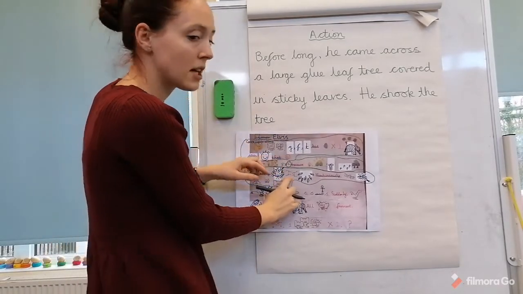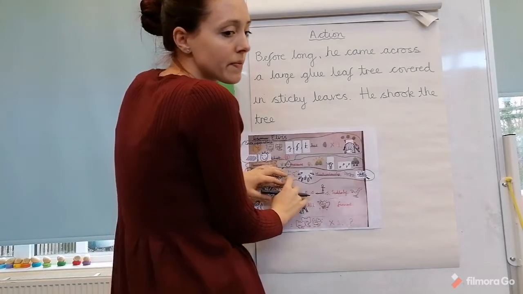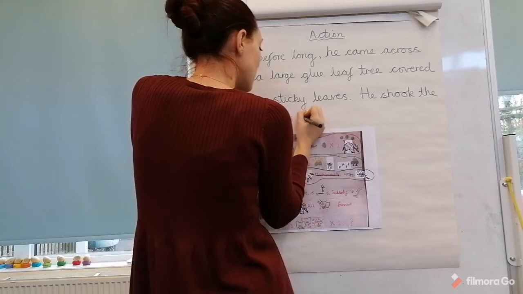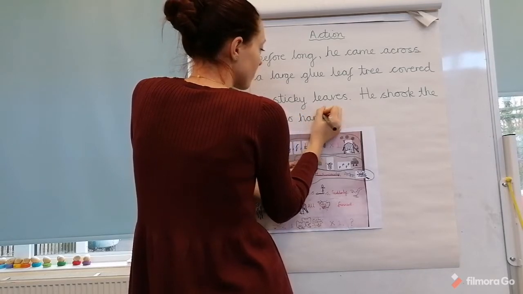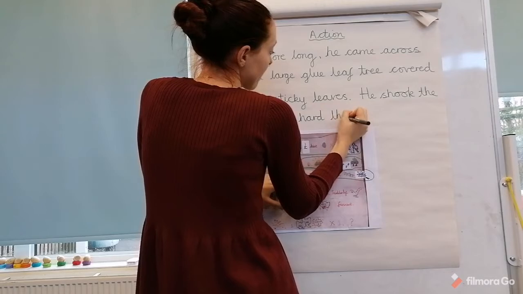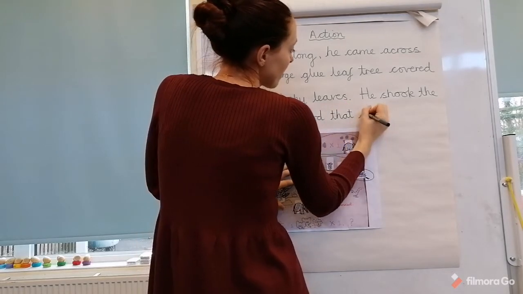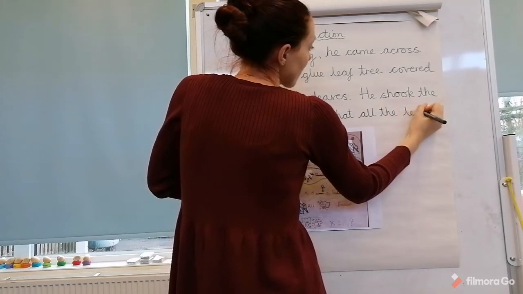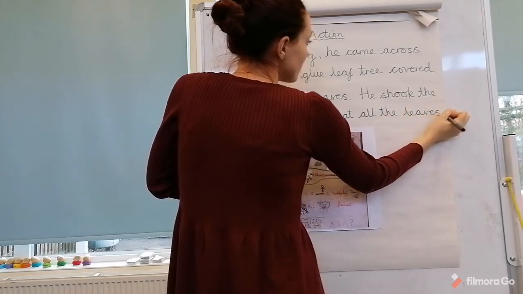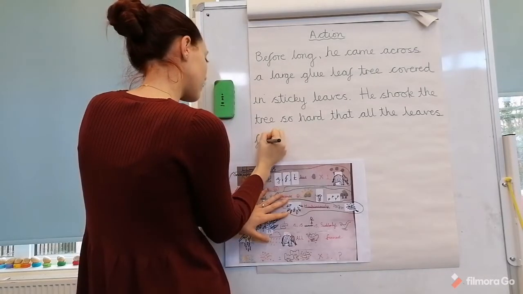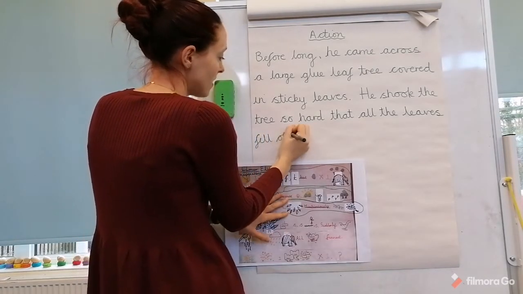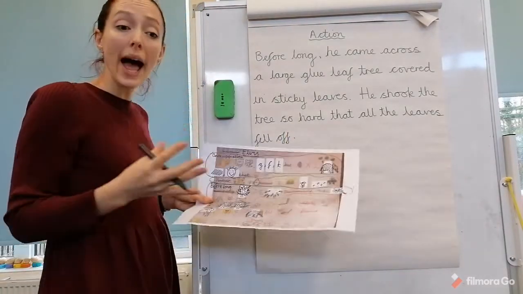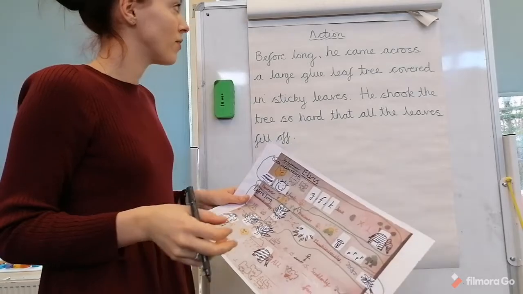He shook the tree so hard that all the leaves fell off. Okay, that's the end of my first sentence. You can see already that is all action. That's all things that Elvis is doing.